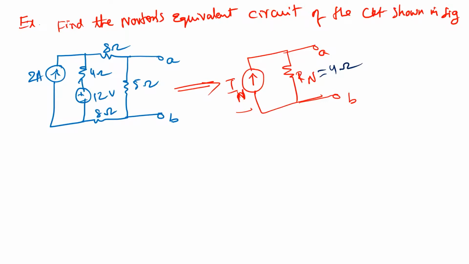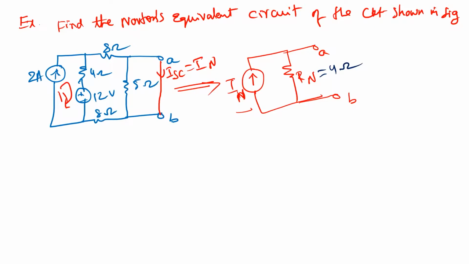So you just see that this is the circuit I1, okay, and when you're going to find IN, you have to short it actually. You have to short it, and this is the short circuit current. So that is equal to IN. That you are supposed to find, right?